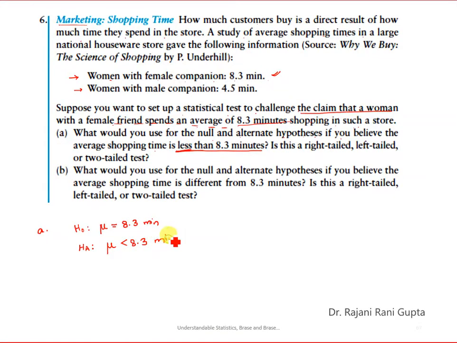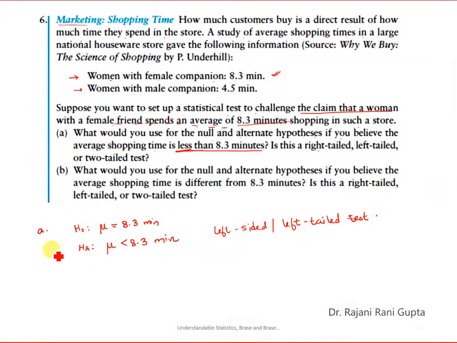This will be your alternative hypothesis. Next you need to tell whether it is a left tail, right tail or two tail test. So definitely less than means it is a left sided test, or you can also say a left tailed test.